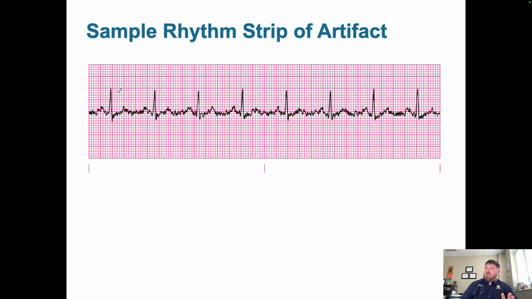What I will notice with the artifact, though, is that the R to R's are all regular, and I have a P wave, even though it's not a pretty smooth upright. It is upright, but it's not real smooth. It's right there, so it's not irregular at all. It's just that I've got all this junk right here, so what I want to do is check my machine, check my patient, make sure that everybody's still, and then try to get another printout.